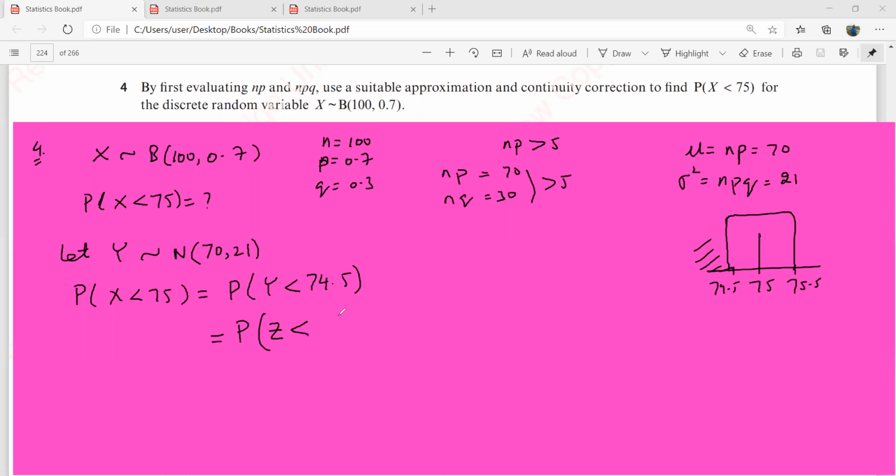So this would be less than (74.5 minus 70) over the square root of 21. So the rest is a piece of cake for you if you have already practiced this normal distribution.